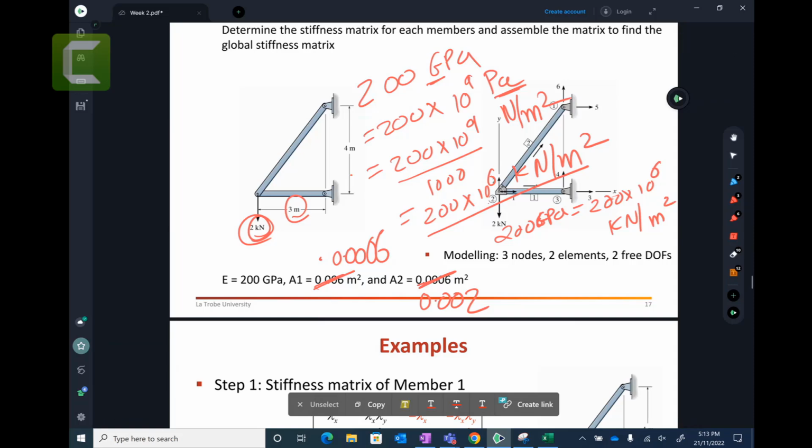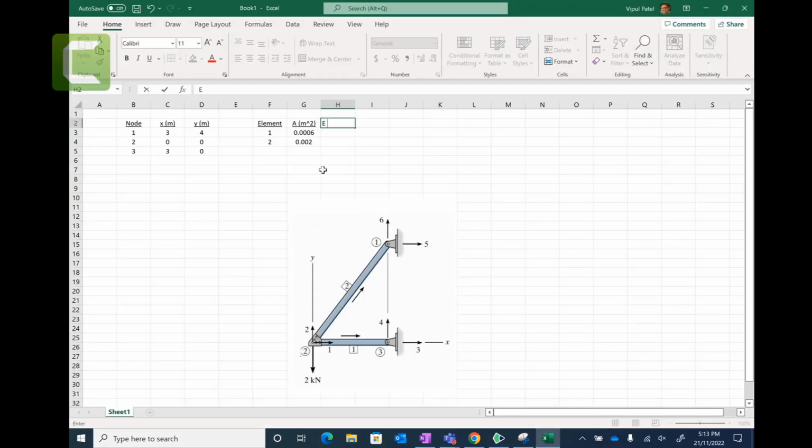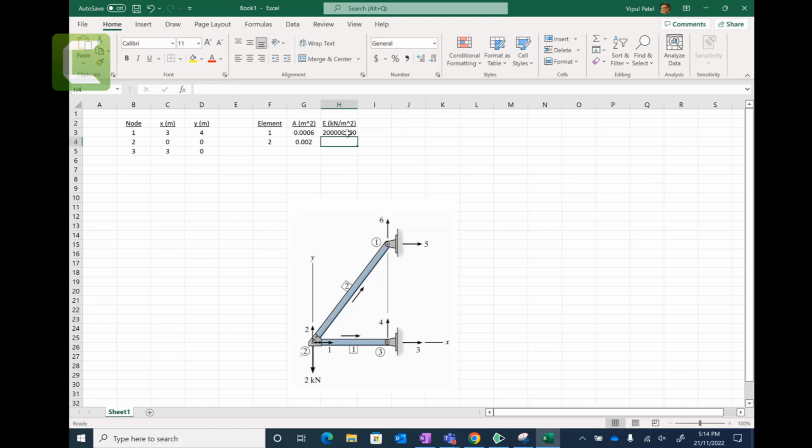So I can put Young's modulus in kilonewton per meter square equal to 200 times 10 to the power 6, and I just scroll it down.